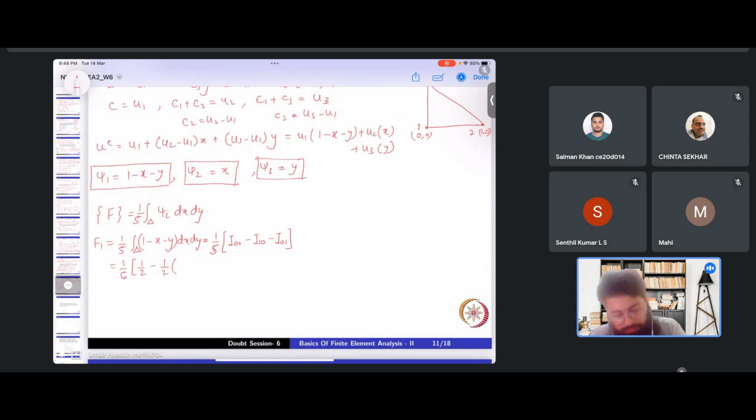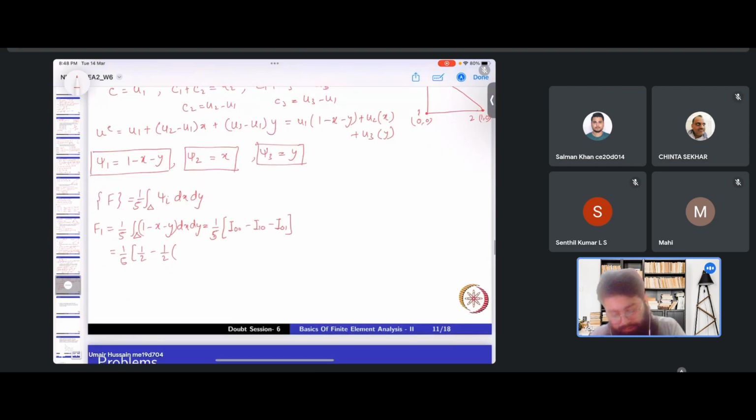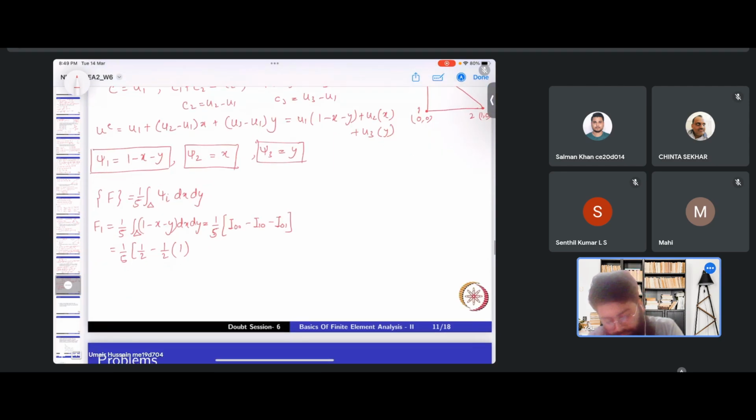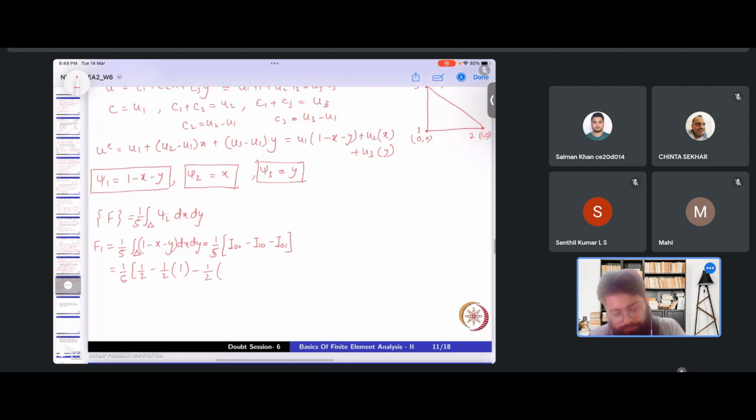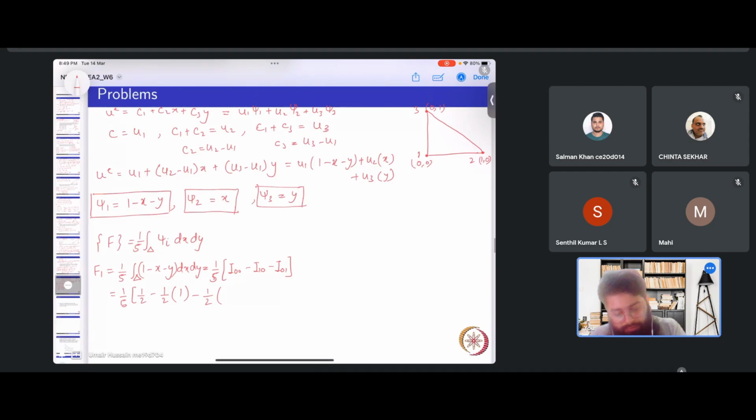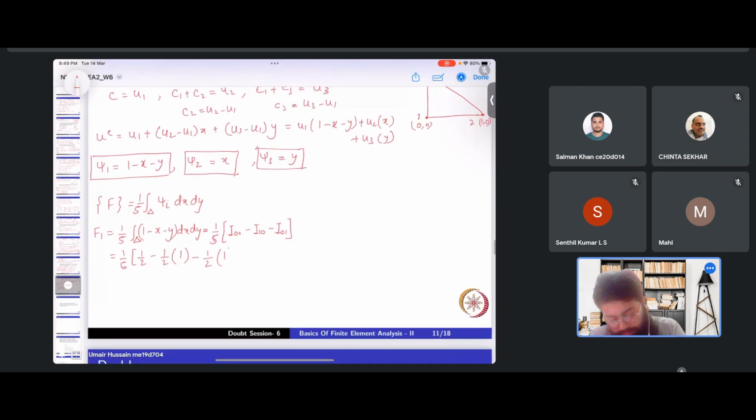So the x values are 0, 1 and 0, so that's 1. Again I01 is area times the summation of the y values. So the y values are 0, 0 and 1. So minus. The halves cancel, and we have 1 by 10.